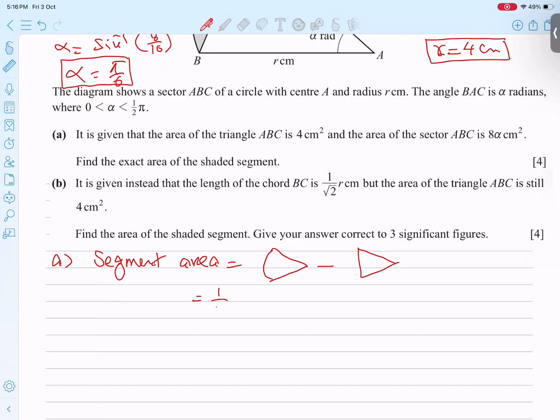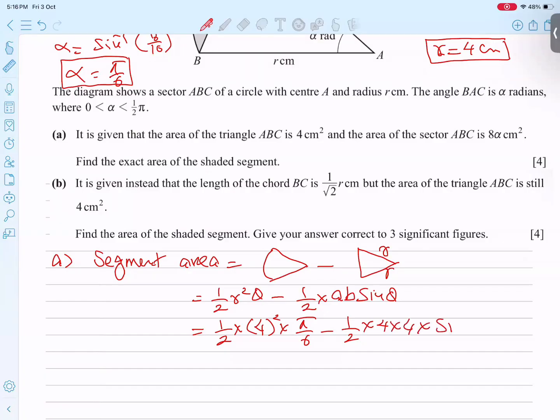The sector is half R squared theta, and the triangle is half AB sine theta. The radius I just got is 4, and alpha I got is pi by 6. Again, both sides are the radius, so I get 4 into 4 into sine pi by 6.